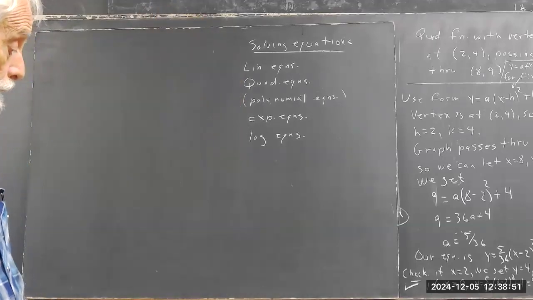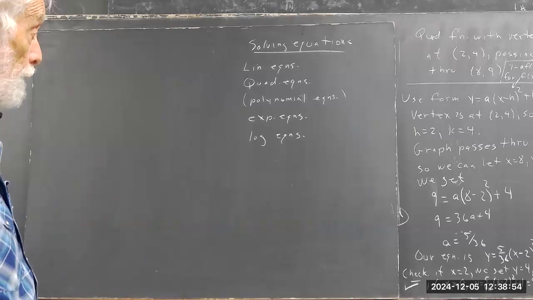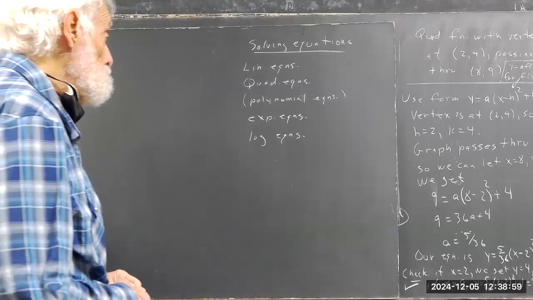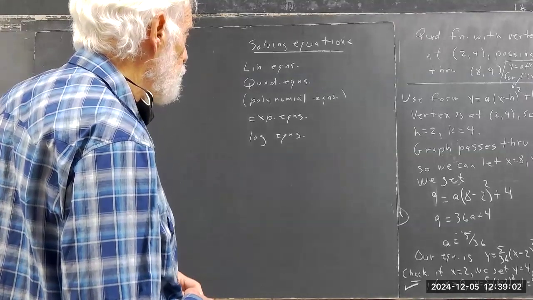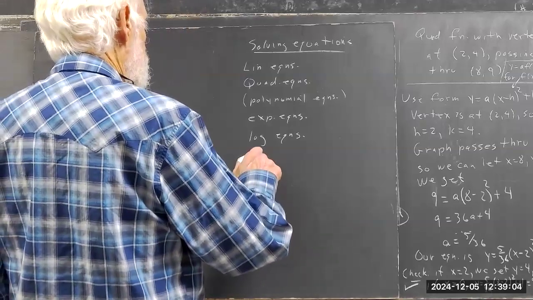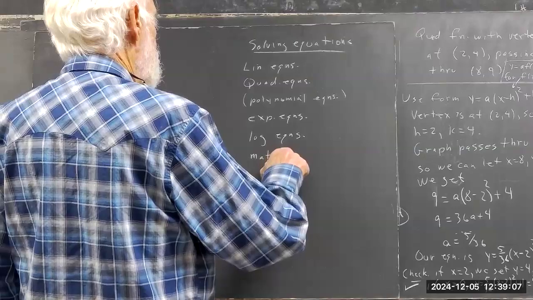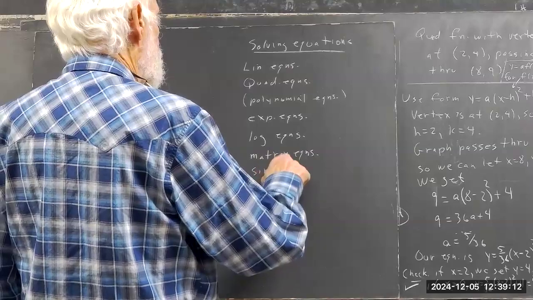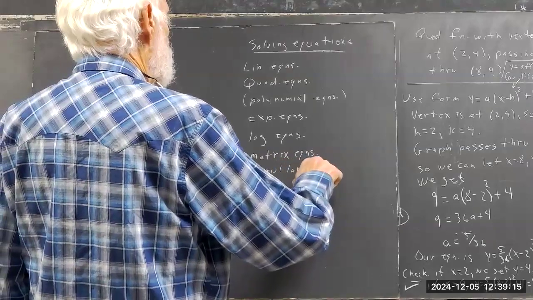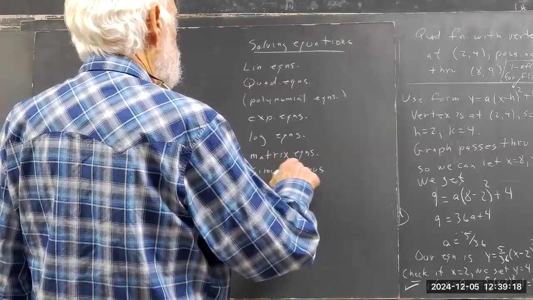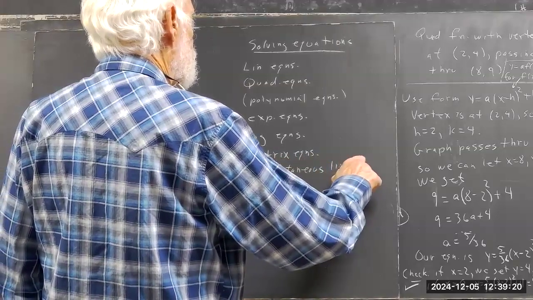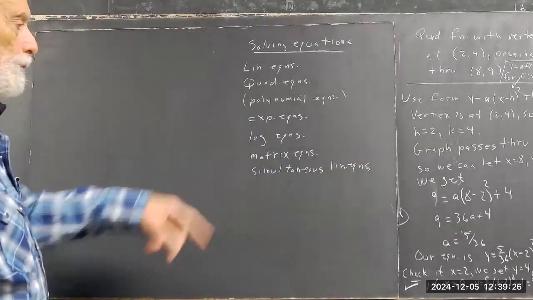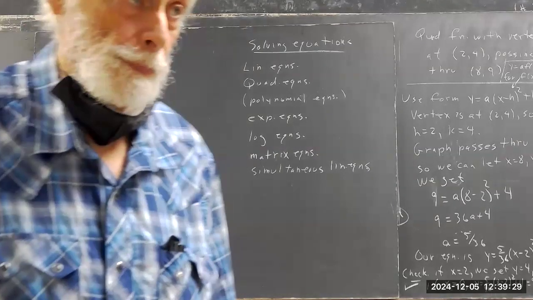Some equations are just complicated and you can't do any of that, but you're not going to see any of those. We have matrix equations and simultaneous linear equations.